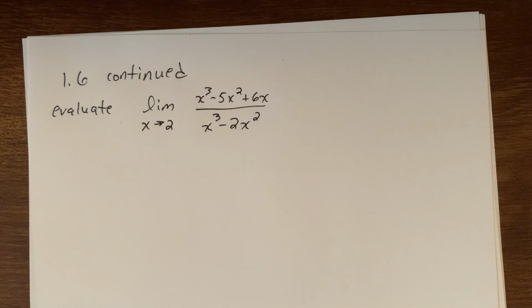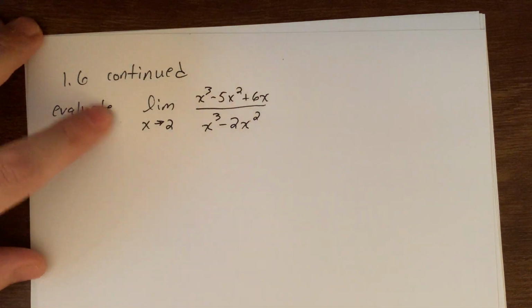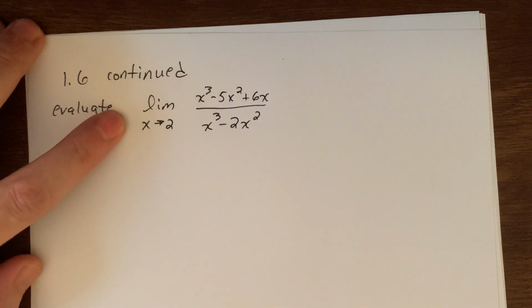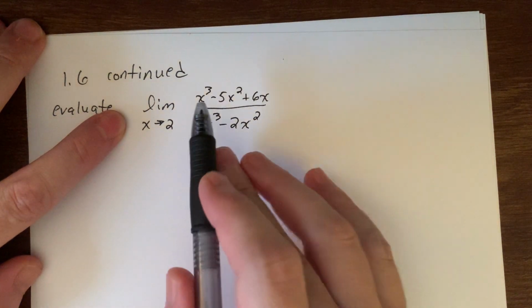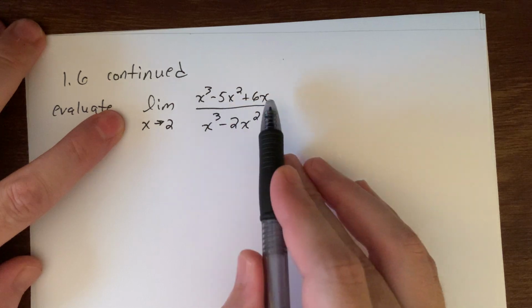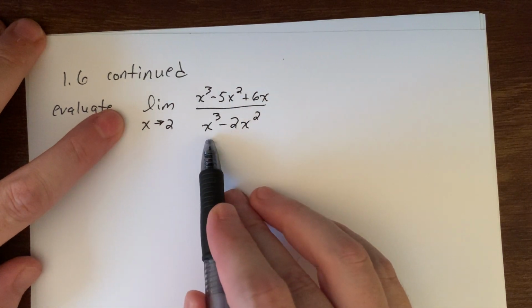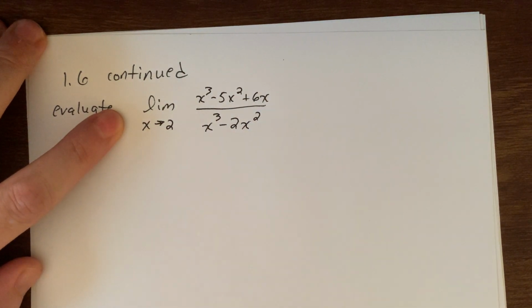So now let's keep going. We saw that if we get 0 over 0, we basically have a little process of manipulate, simplify, and then try taking the limit again. So let's continue with that. I've got one set up here. The limit as x approaches 2 of x cubed minus 5x squared plus 6x all over x cubed minus 2x squared.